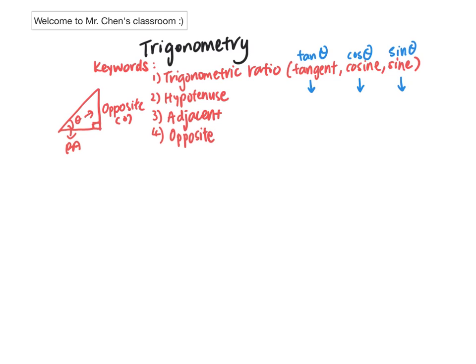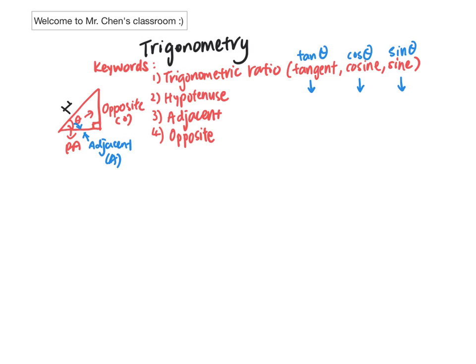Your adjacent will be the length next to the reference angle, which is this one. So that will be your adjacent. And of course, our hypotenuse is the longest one.